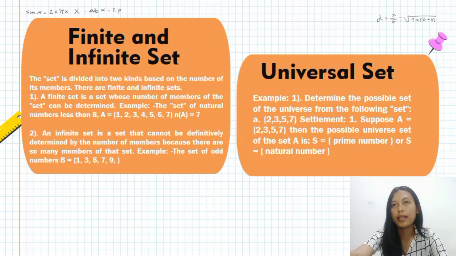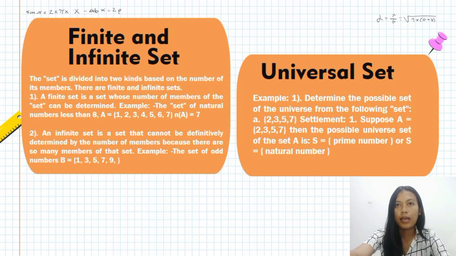A finite set is a set whose number of members can be determined. Example, the set of natural numbers less than 8. So, A equals {1, 2, 3, 4, 5, 6, 7}, and n(A) equals 7.